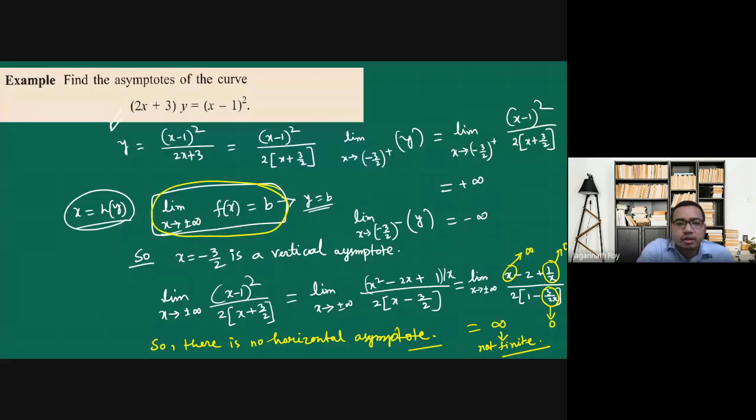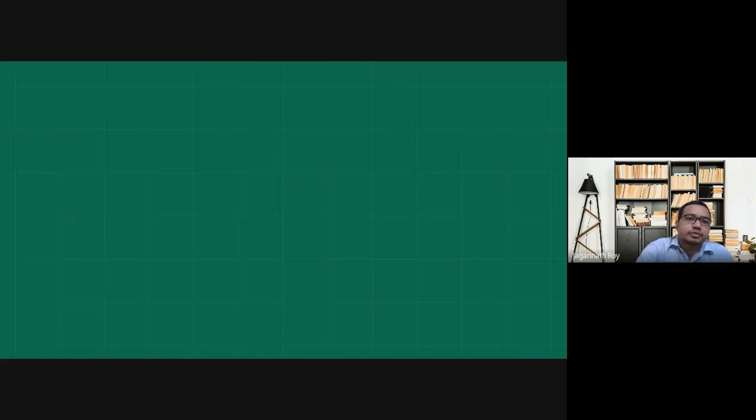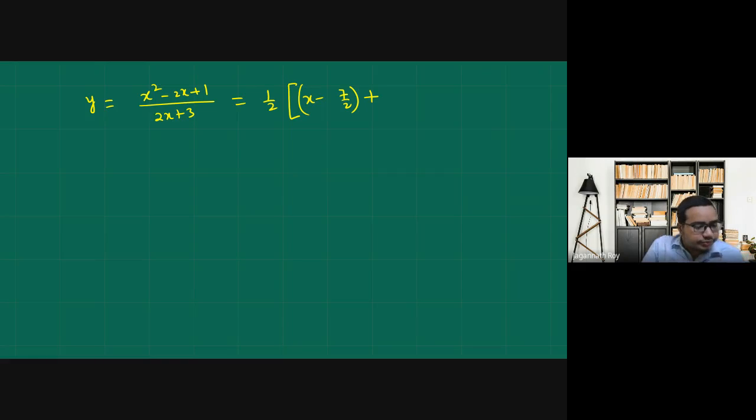Now, how about the inclined asymptote? y equals x square minus 2x plus 1 by 2x plus 3. It can be written as 1 by 2 x minus 7 by 2 plus 25 by 4 divided by x plus 3 by 2.